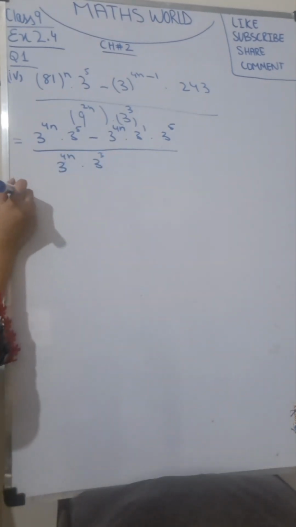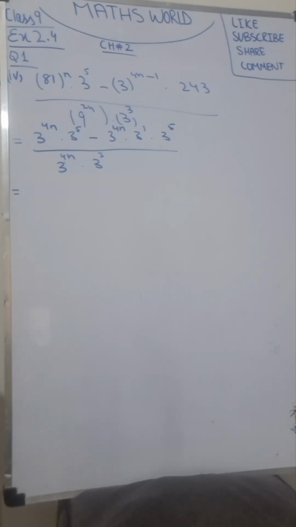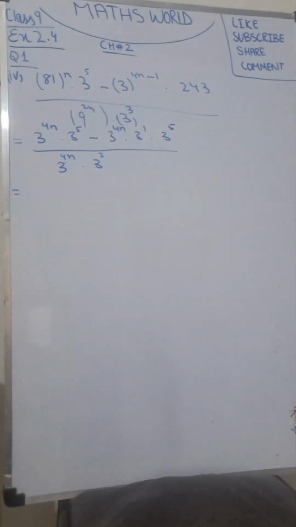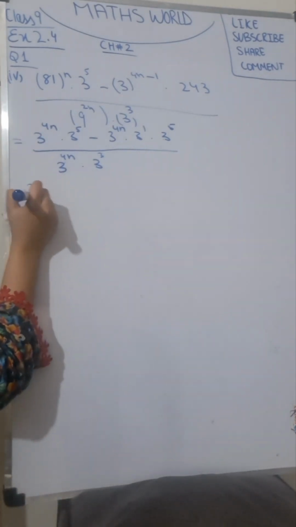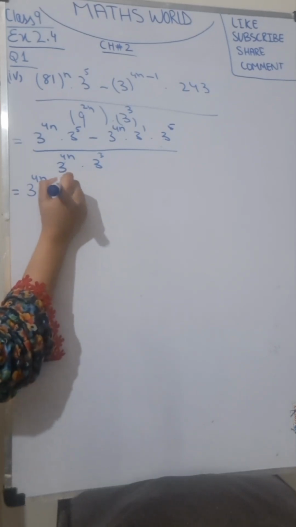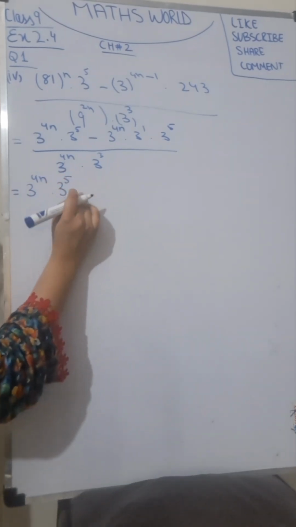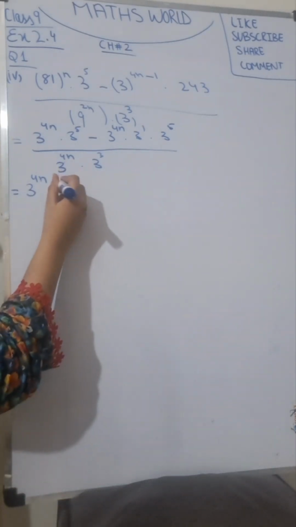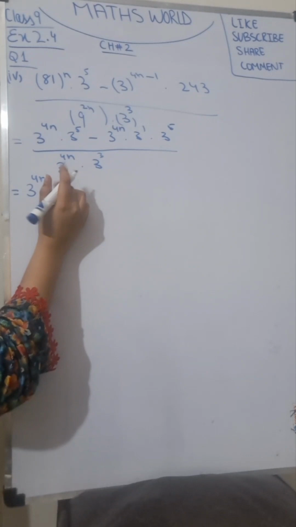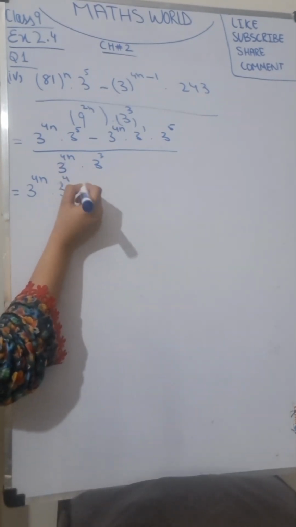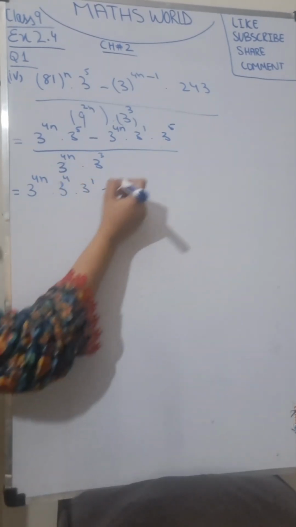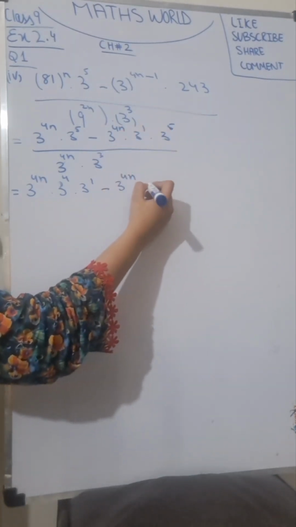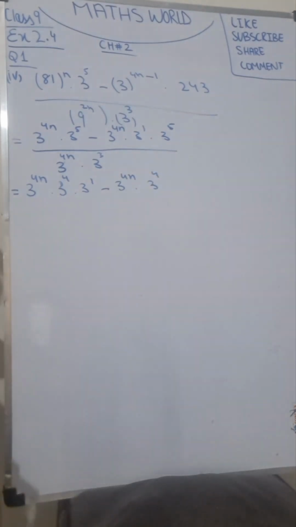Now guys, what you have to do is take common 3^4n and 3^5, or you can add the powers. We can take common 3^4n and 3^5. So normally we break 3^5 into 3^4 and 3^1, and 3^(4n) times 3^(5 − 1), which would be 3^4.